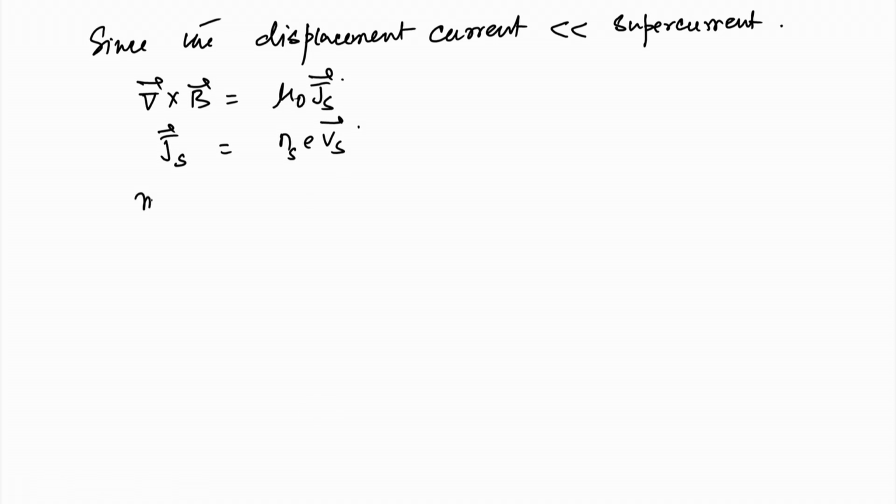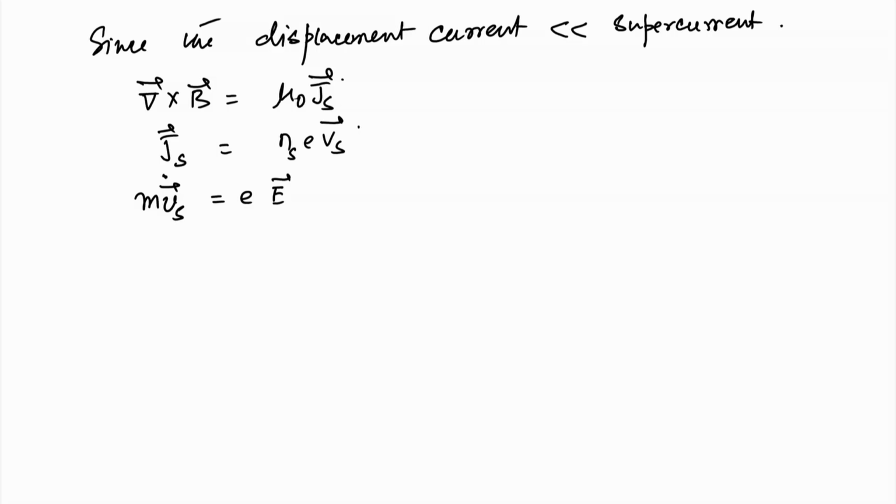And the equation of motion of these super electrons in an electric field can be written as m v s dot, which is nothing but Newton's law, m v s dot equal to charge times the electric field, in an external electric field that we are talking about.